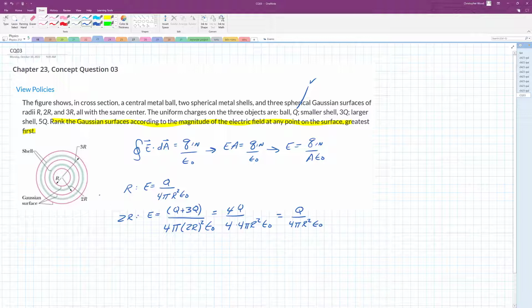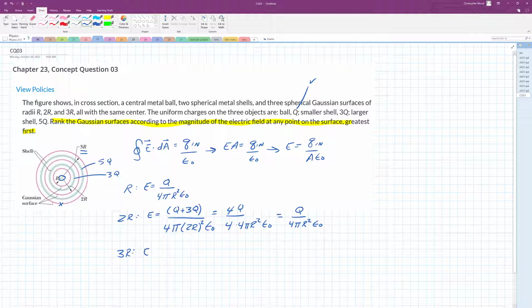Now I'm going to look at this Gaussian surface right here. This Gaussian surface has a radius of 3r. It is enclosing this charge, which is Q, this charge, which is 3Q, and this charge, which is 5Q. So here goes for the 3r Gaussian surface.